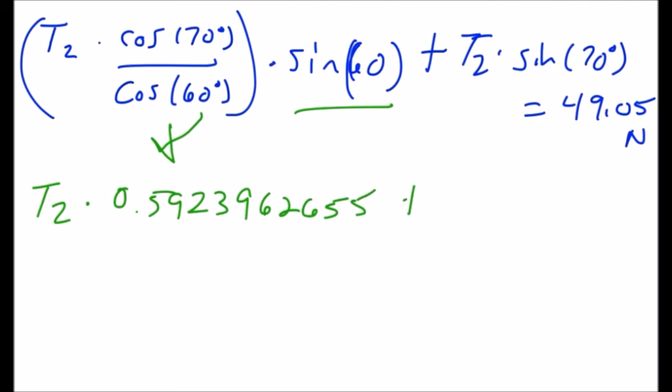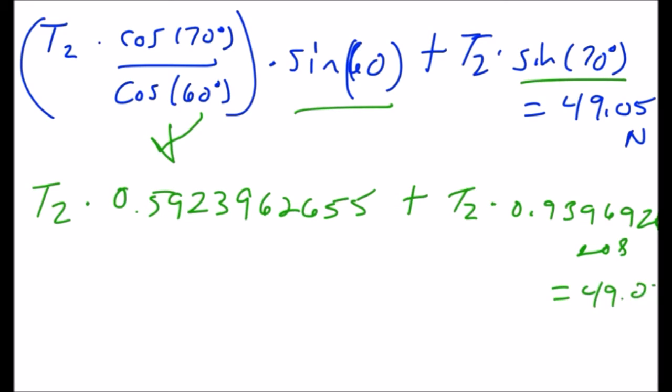Okay, plus, now somebody do just the sine of 70. I need to know what that value is, please. Okay, and all that stuff equals 49.05 newtons.